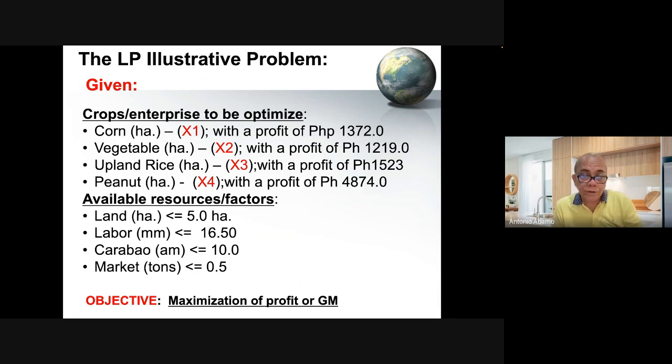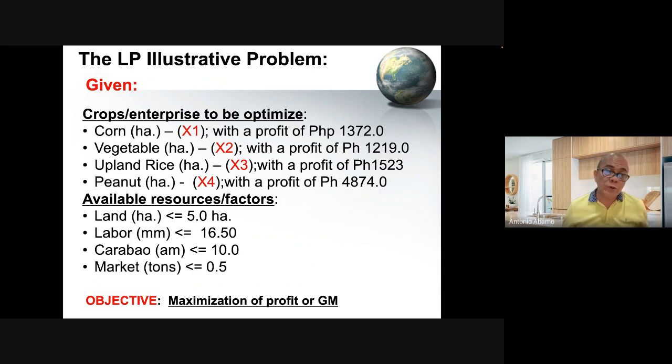Available resource, limiting resource, you have land, labor, carabao months, and market, which can only absorb 500 kilos. Okay. The objective is maximization of gross margin. So these are what is given in the problem.